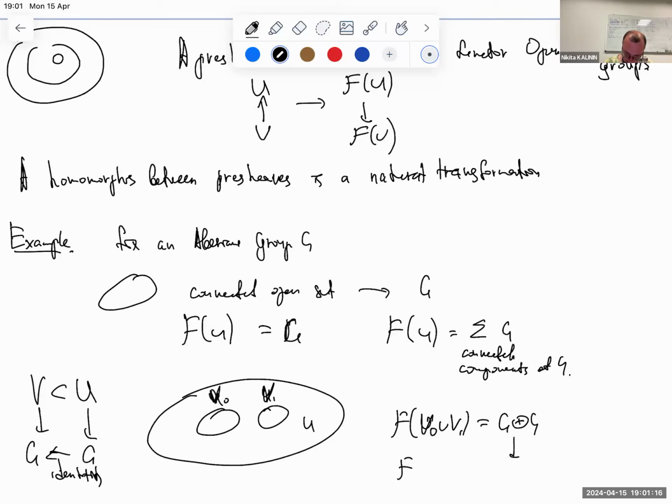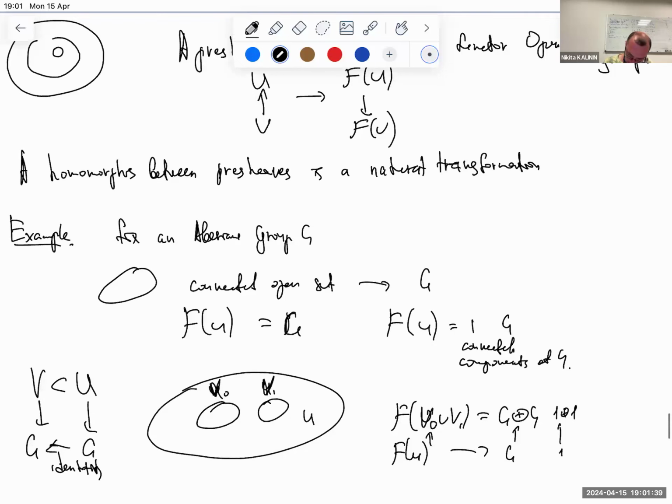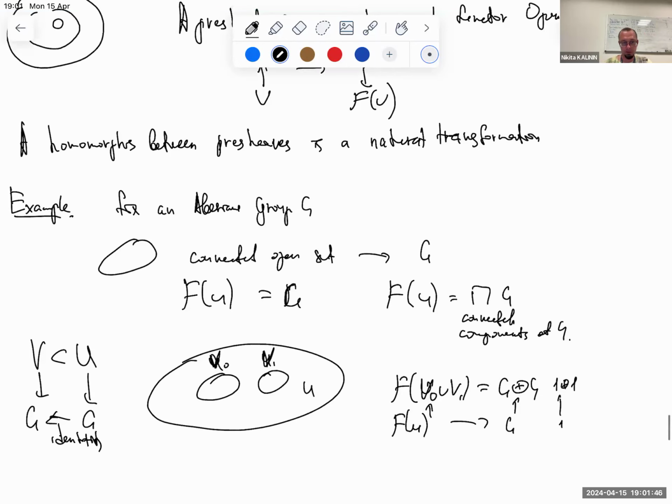So here it's just restriction. So here you need to have a map from F of U to here, and so that's the map. You just send the G to copies of it. So for example, it sends identity to identity plus identity. So here we should take the product, right? Not the sum, but the product. So that's called a constant presheaf.